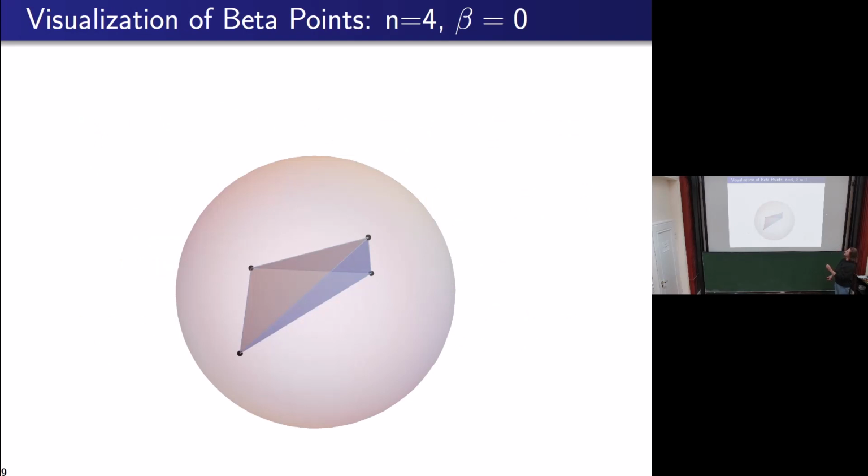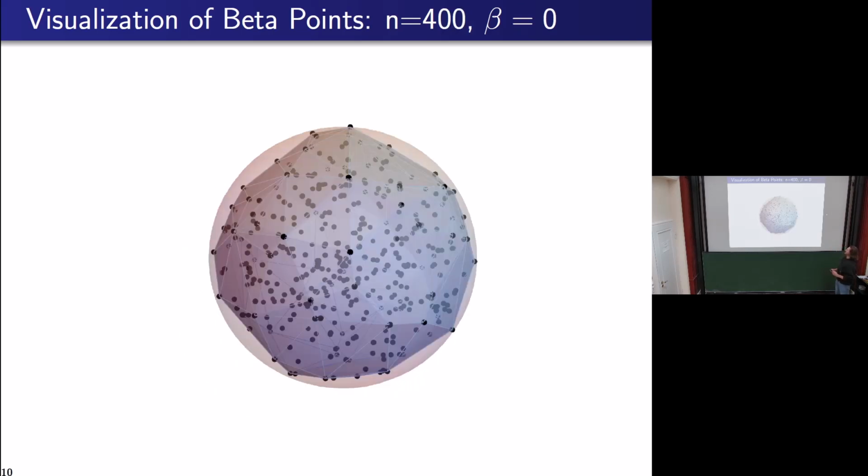This is a visualization of 4 beta points that have beta parameter 0. You can't really see from that picture that it's a uniform distribution inside of the ball. So let's go to polytopes, because simplices are of course always restricted to 4 points in the dimensions that we can visualize. Let's look at 400 points for beta equal to 0.